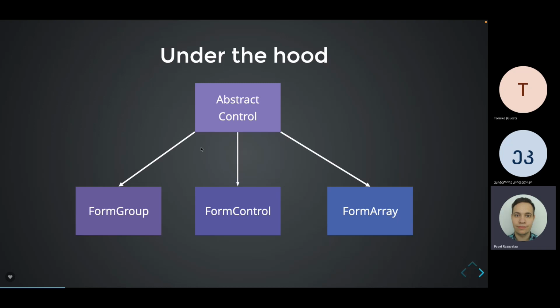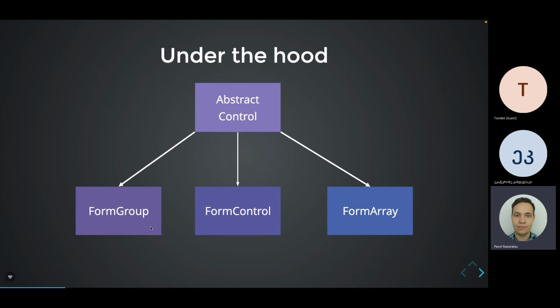Well, actually, each control, each input is an instance of a class. Let's say form group will contain the object that holds several form controls, and form array can contain any of them.